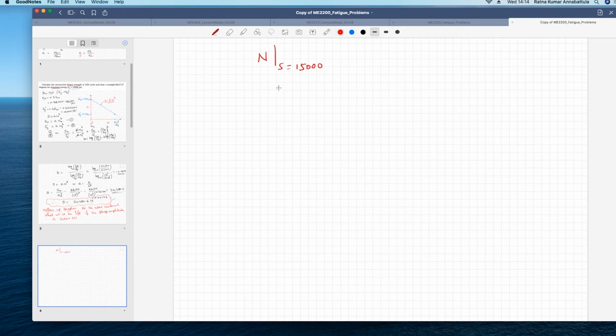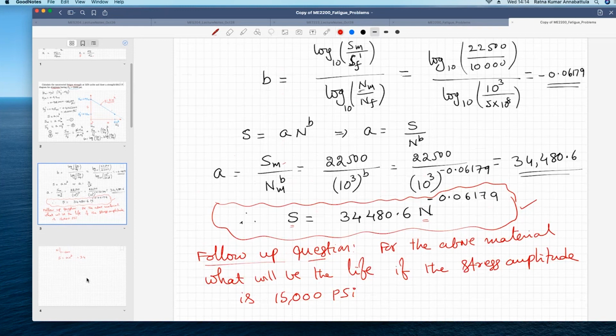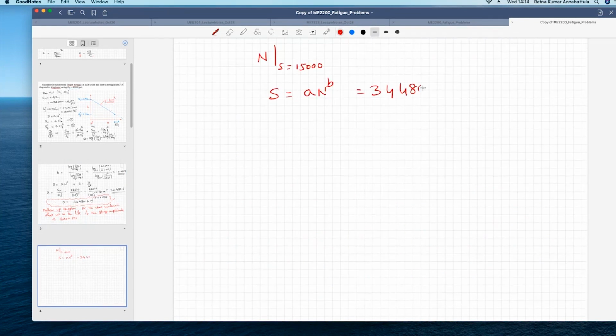psi. So we know that S is equal to A N power B, right? That is basically 34,480.6 times N power minus 0.06179, right? So the life corresponding to 15,000 means I have to plug in 15,000 is equal to 34,480.6 N power minus 0.06179.